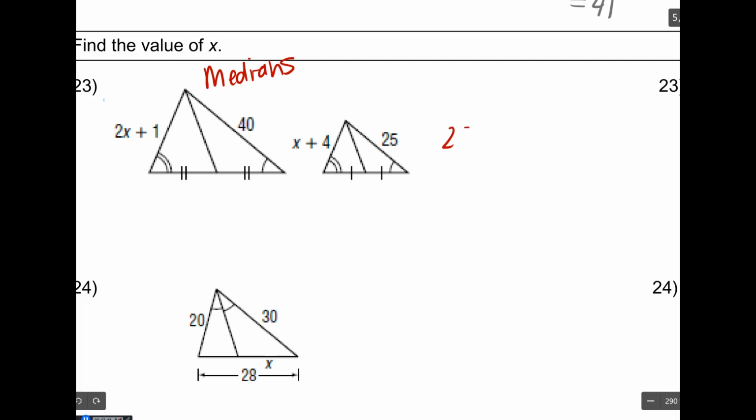25 over 40. Yeah. So what we did was we said, hey, the side from the small triangle over the side from the big. So I'll have the side from the small triangle over the side of the big. Okay, and then just cross multiply it.